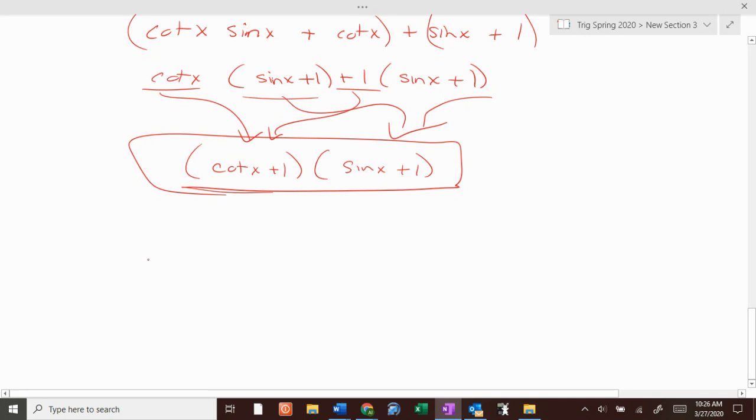Okay, let's do that again. Okay, let's say we have 3 sine squared of x plus the sine of x minus 3 sine of x secant of x minus secant of x.